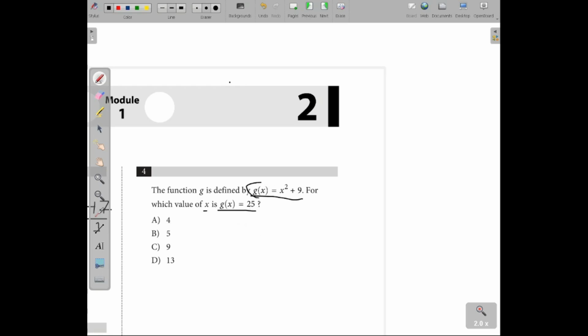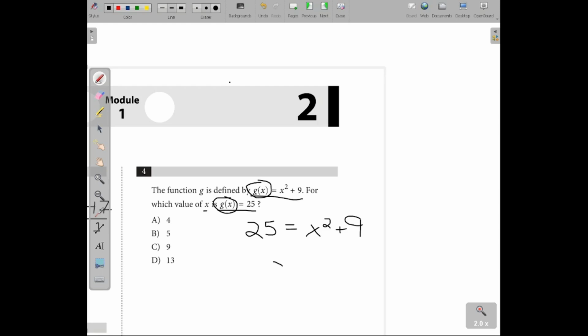Since these are the same functions, we could use this trick. 25 equal to x to the power of 2 plus 9. And we are going to find the value of x.